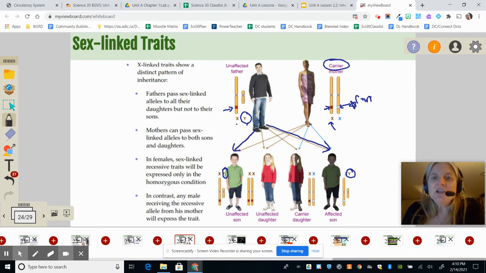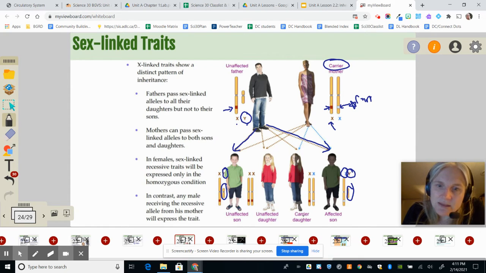The Y doesn't have any of this disorder on it, so that's unaffected. Both of these boys became boys because the father passed on a Y chromosome and didn't pass on the genetic disorder.